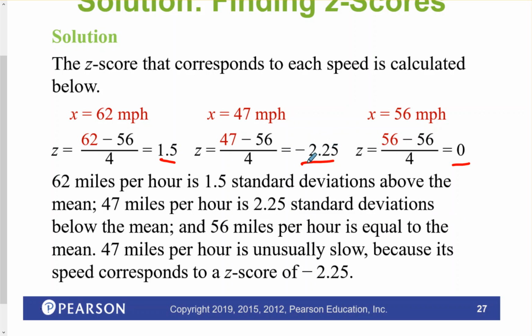So anything past 2 on the plus side or past negative 2 going in a negative direction, anything past the 2's we consider to be an unusual score.